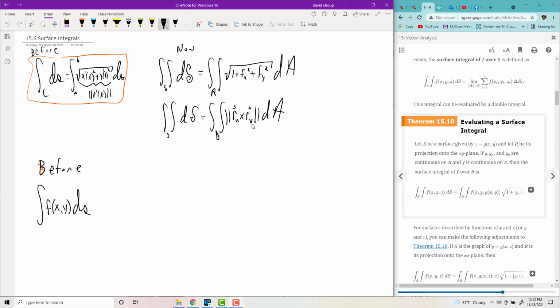And then of course to evaluate that, we would maybe have to parameterize: f of x of t comma y of t, and then times the square root of x prime of t squared plus y prime of t squared dt from t equals whatever to whatever. So the only difference is basically we're tacking on this additional f of x y part into here.